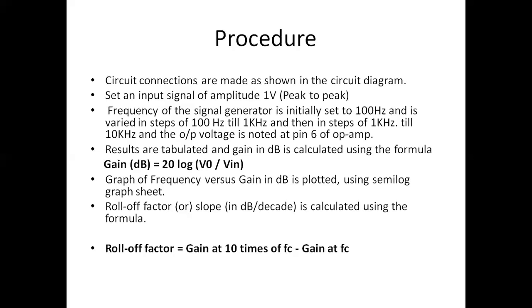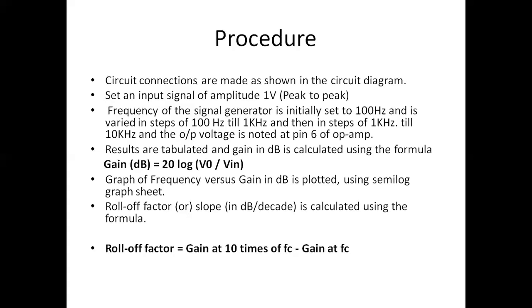When you reach towards the cutoff frequency, you will see that slowly the output is reducing, and near the cutoff frequency it would have reduced a little bit. After the 1 kilohertz cutoff frequency, when you go beyond, you take steps of 1 kilohertz, 2 kilohertz like this till 10 kilohertz. Then you will see that the output is decreasing drastically.